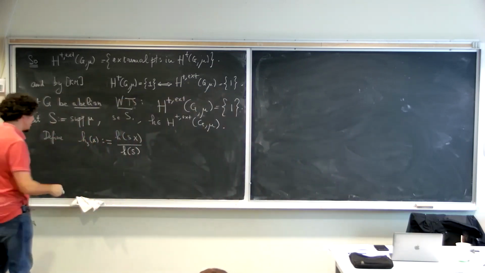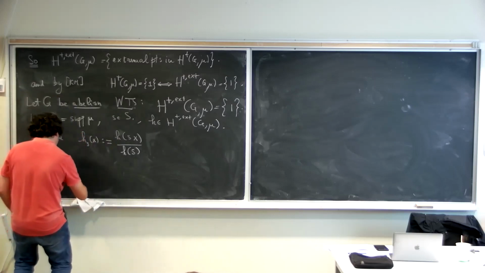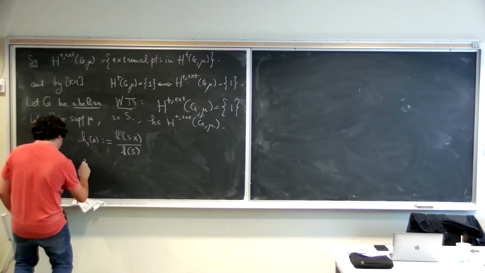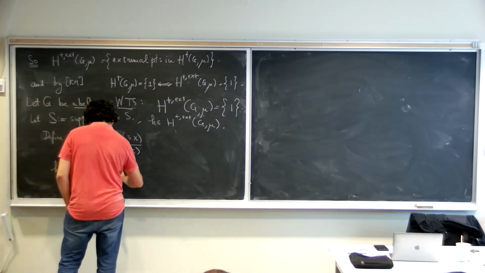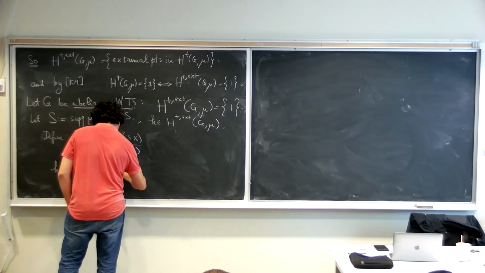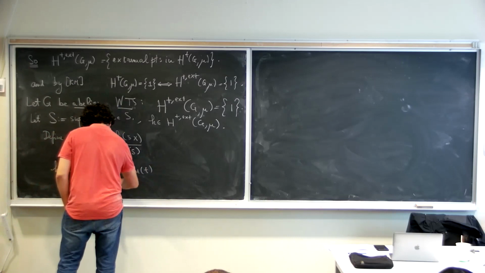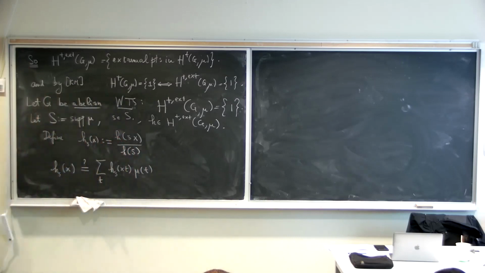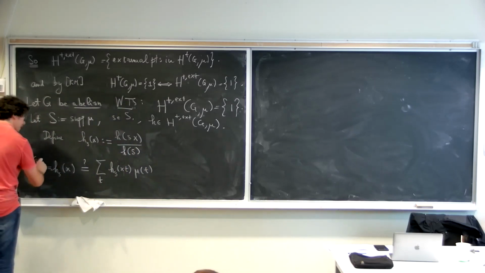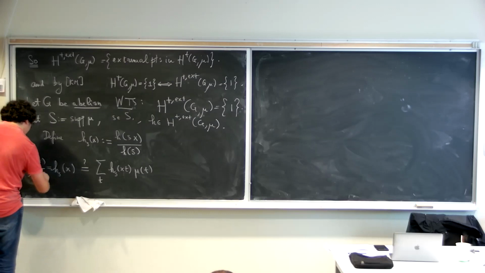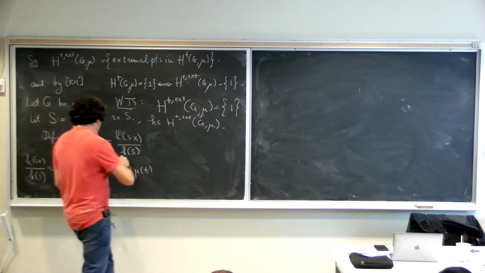This should be easier because now what do we want? We want H_S of x to be the average of H_S of xt mu t. Okay. So this one is H of Sx over H of S. Okay. And now let's see.